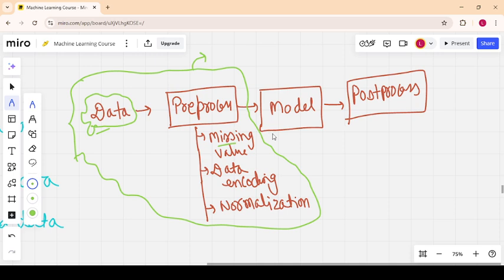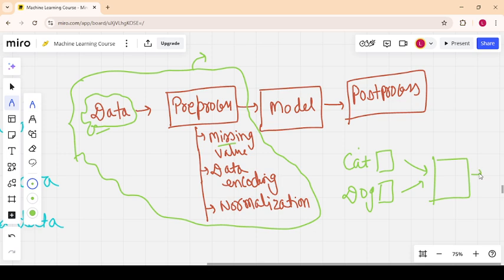For example, when we are working on image classification, we have two classes, cat and dog, and corresponding images. We feed the dataset, then we do the pre-processing: resizing, normalizing, adding random noise, and a lot of other things I will cover in an upcoming lecture. Then we pass the dataset into a model.